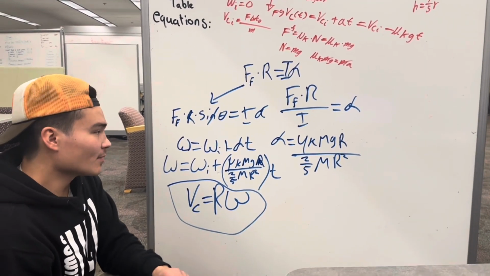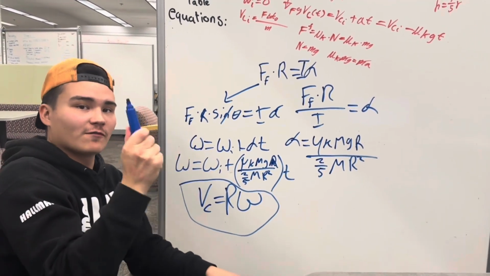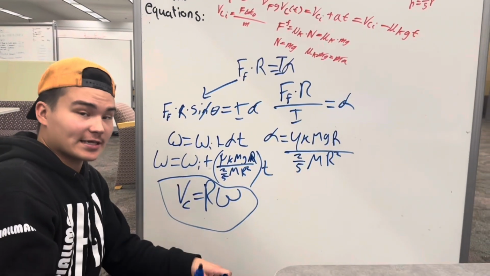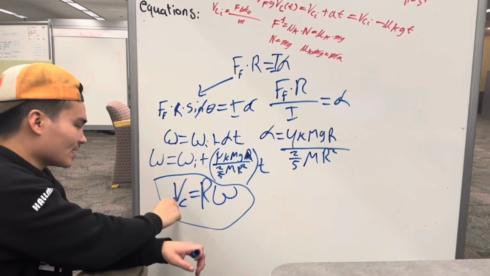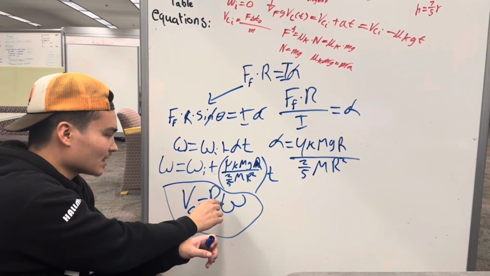So to sum it all up, since we know that the translational velocity decreases while the angular velocity increases, we know that the center-of-mass velocity must equal the radius times omega.